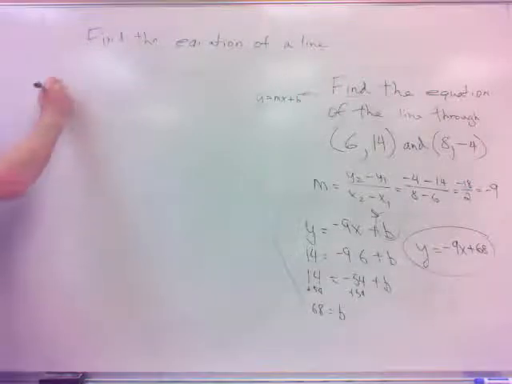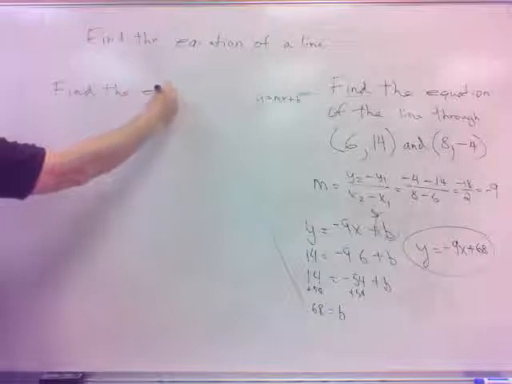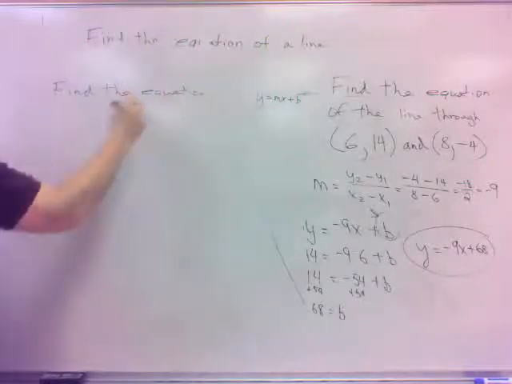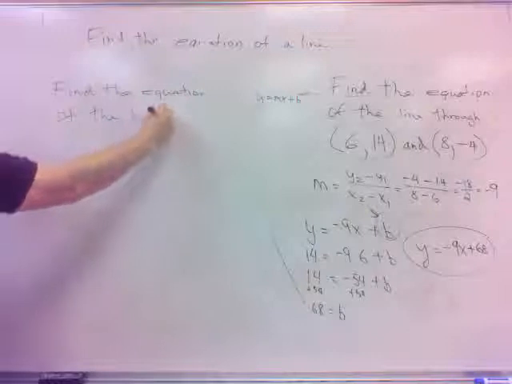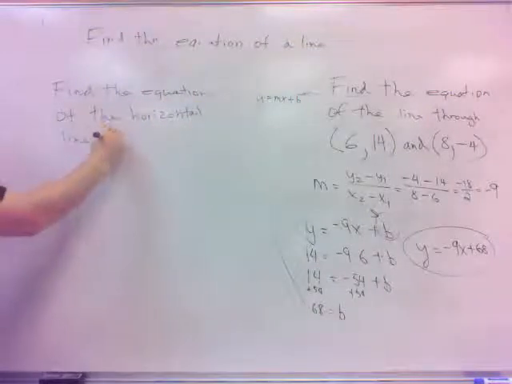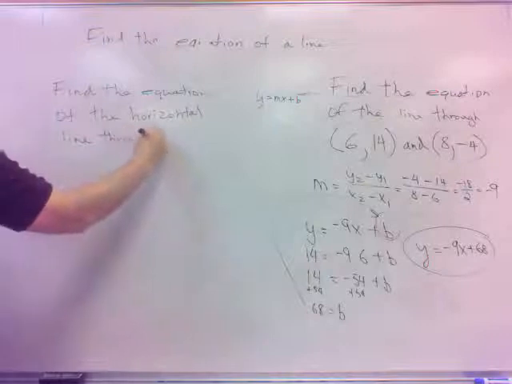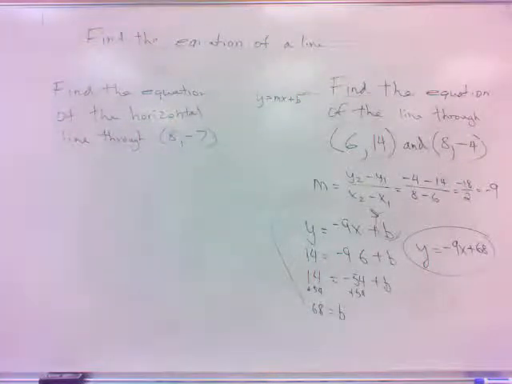What about this one then? Find the equation of the horizontal line through (8, negative 7). Well, that one's actually a whole lot easier if you know what's going on there.